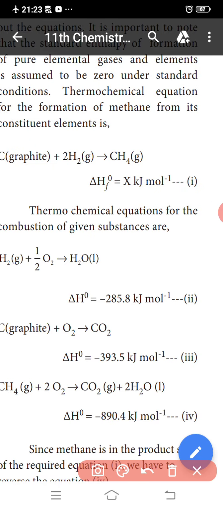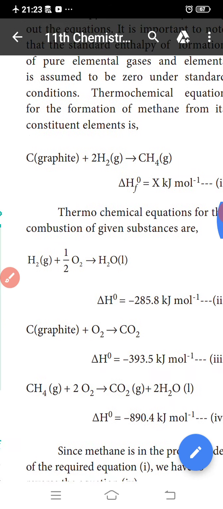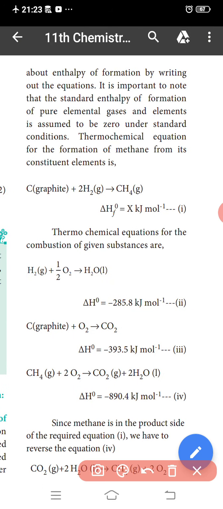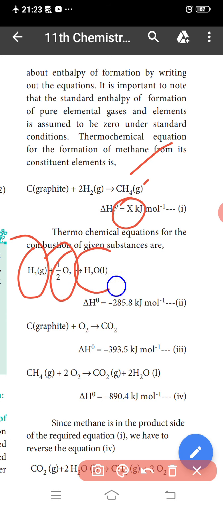The graphite added to the hydrogen forms methane, with the formation value X. So the thermochemical equations for the combustion of the given substances: hydrogen added to oxygen gives H2O, with del H naught of minus 285.8 kilojoule per mole.